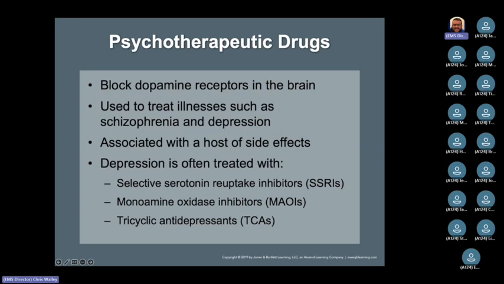So your SSRIs and your MAOIs, which are your monoamine oxidase inhibitors, they do block the metabolism of your monoamine in the brain. Your TCAs, your tricyclic antidepressants, those are occasionally used, but we've moved on to your SSRIs, more common than your TCAs as time goes on.